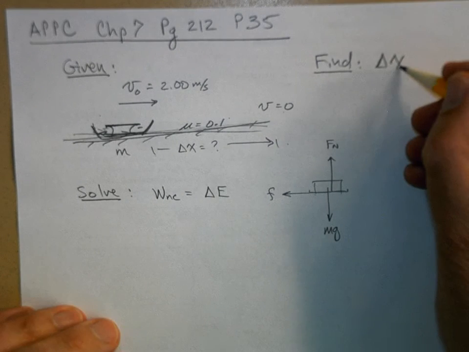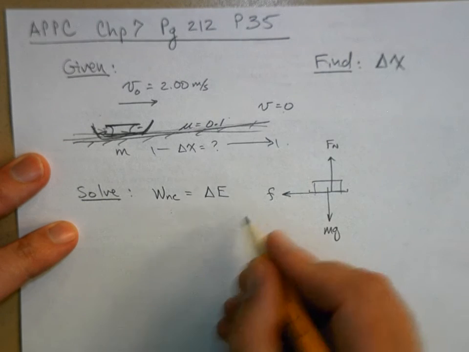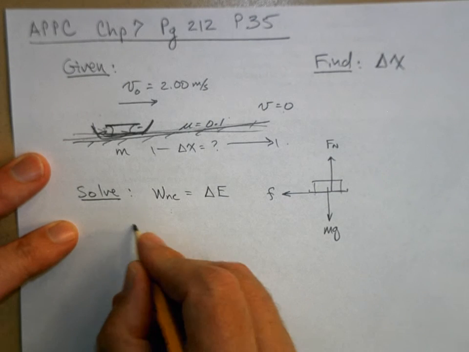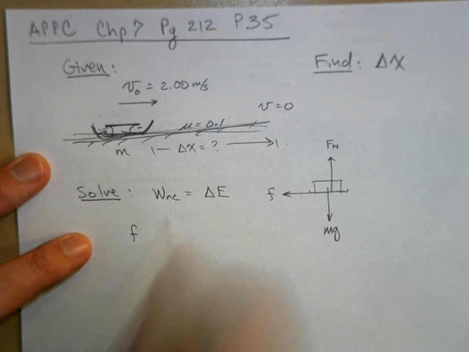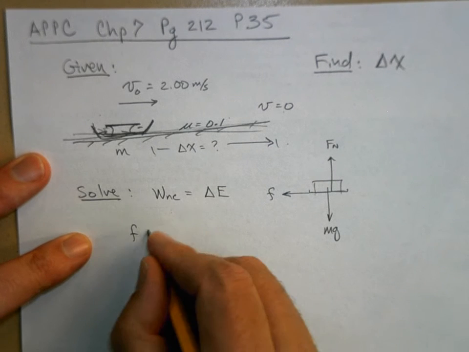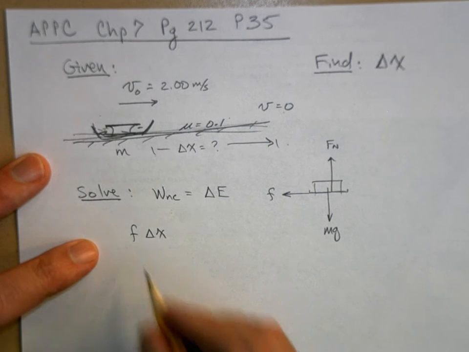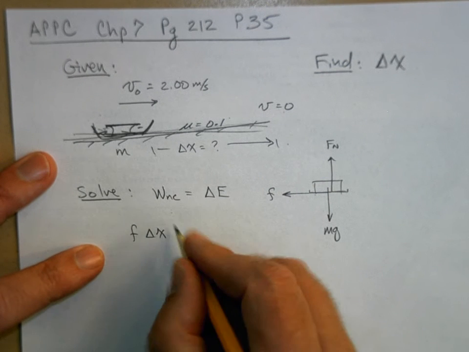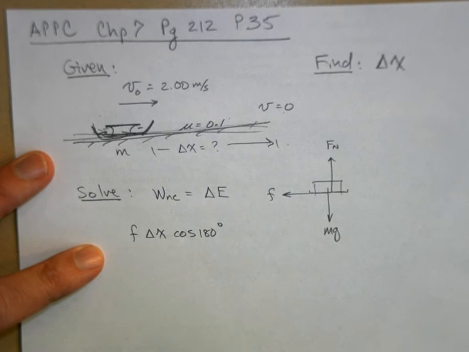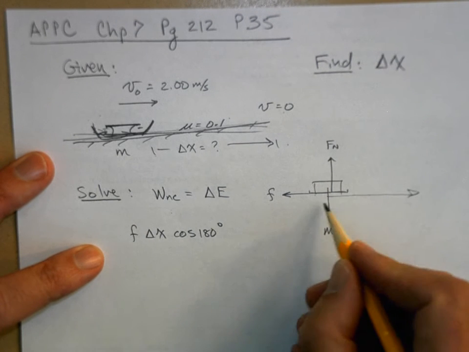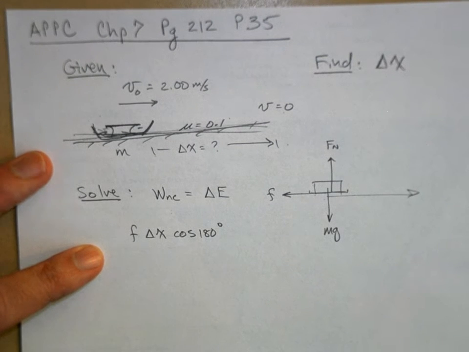So the work done by the force of friction is the magnitude of the force of friction times the displacement, and that's what I'm trying to find, times the cosine of the angle, which is 180 degrees. That's right, because the displacement is this way, but the force of friction is the other way. So that's where I get that -1.